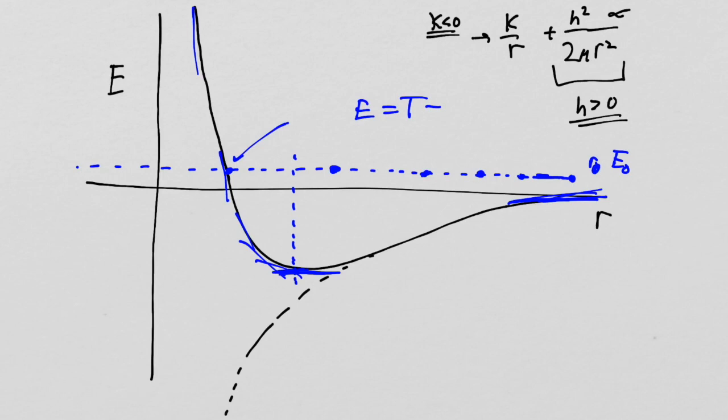So the more angular momentum you have, the larger the effect of this barrier will be. This barrier will get a little farther out, and it'll be a little bit shallower, and it's a very dramatic dependence on H. Now, if your total energy is negative, that means you're below this line.